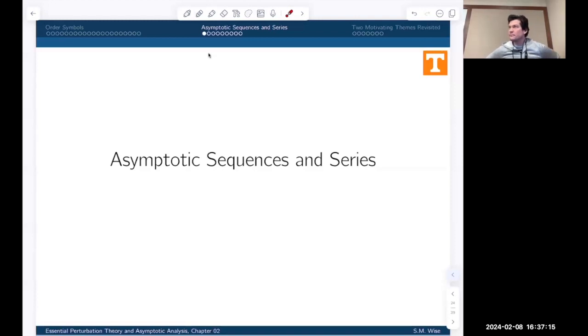On the other hand, big O and small O are not equivalence relations. I don't think they are. Big O is not symmetric.